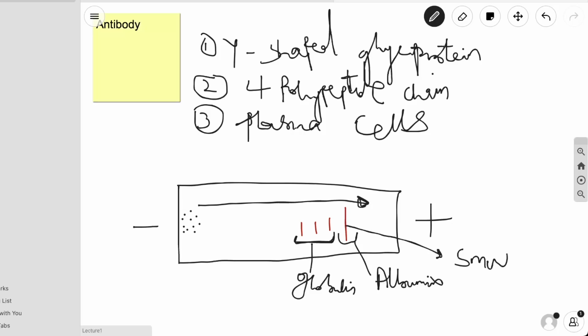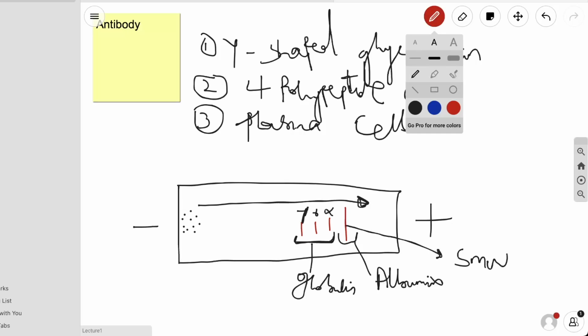This globulin has the alpha, the beta, and the gamma. So is it at the alpha, beta, or gamma? You see the plasma protein at the gamma region. I need to highlight it so you can remember: you'll find them at the gamma globulin.